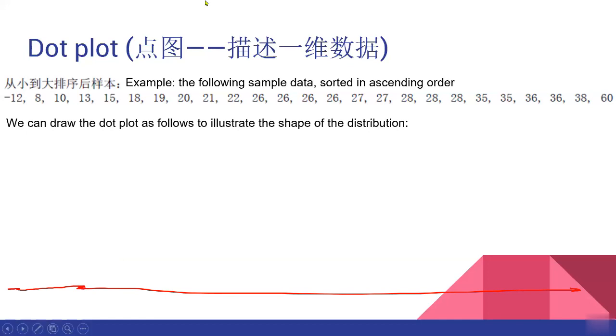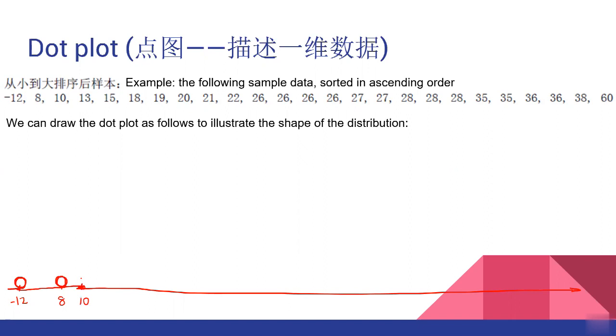For example, if we have a -12 here, we draw a circle on the number axis. For any data we find, we draw a circle on the number axis. The next one is 8. We found an 8, and we draw a circle here.